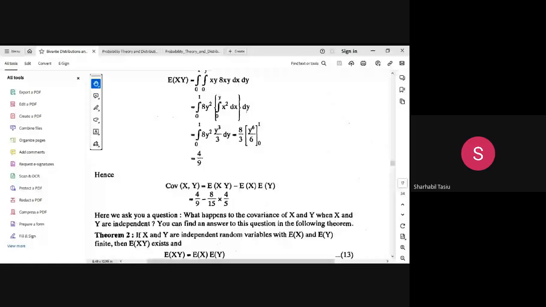If you are substituting the value of y to be y here after your integration, this becomes y cubed now.